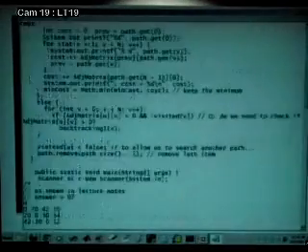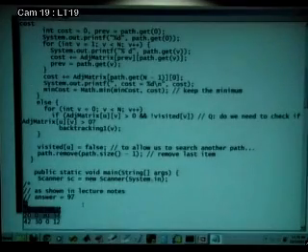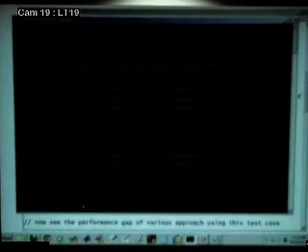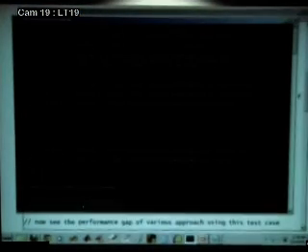Let me compile this. Then I will give the 4 times 4 test case, the same test case shown in the lecture just now. That gives me the path 0, 1, 2, 3, stop.